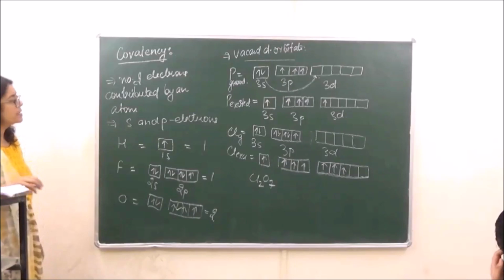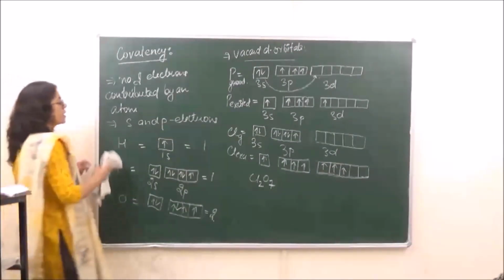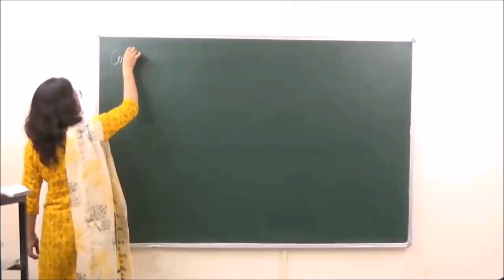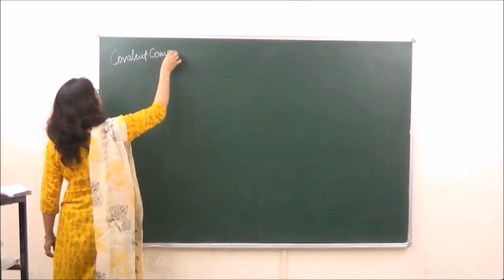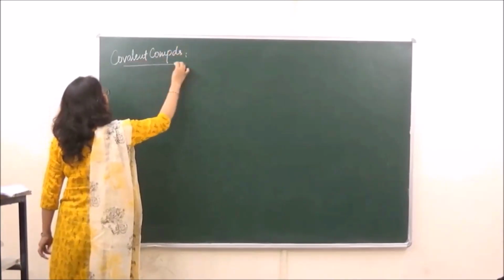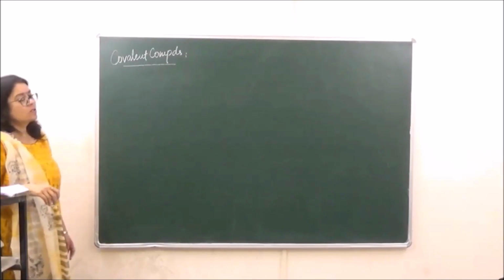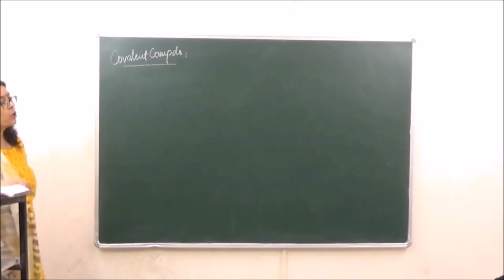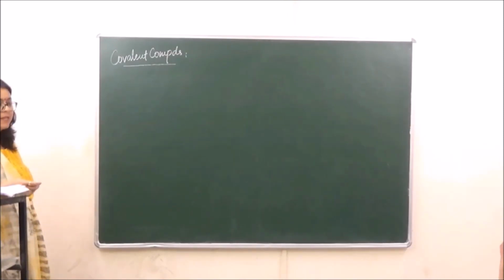Then what do we understand by covalent compounds? What are covalent compounds? Covalent compounds are those in which covalent bonds are present, right? And covalent bonds are formed by mutual sharing of electrons.